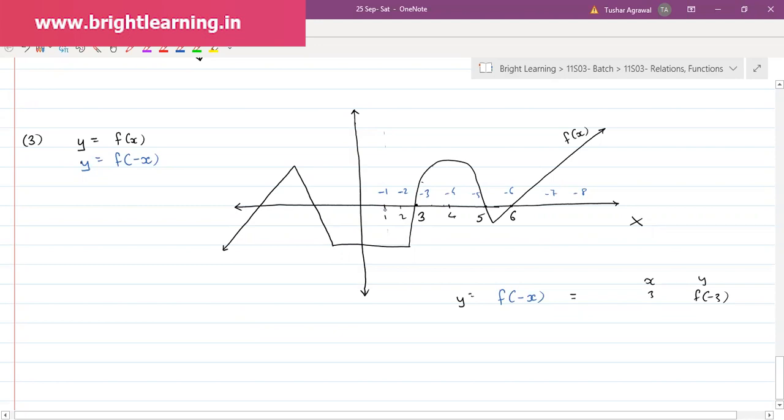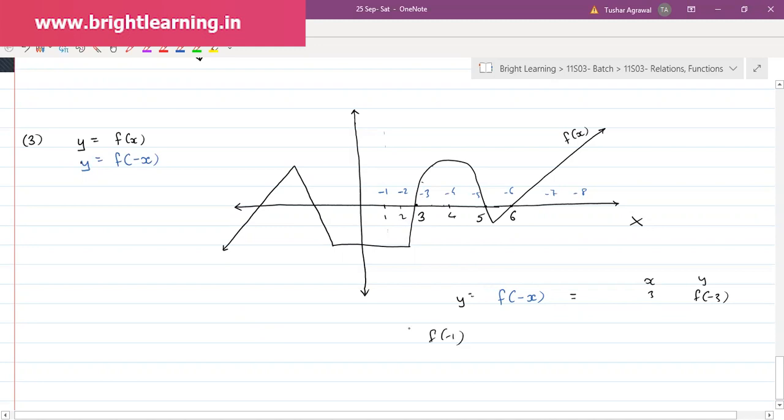In order to find the point for x equal to 1, I have to plot f of -1 when I put x equal to 1.